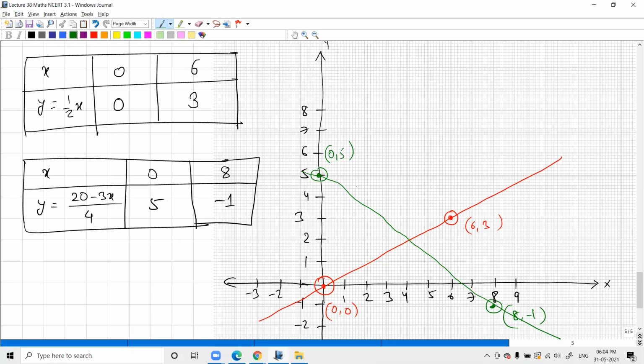So this green line, what is the equation of the green line? x plus 4y is equal to 20. And the red one? y is equal to half of x, which you can also write as x minus 2y is equal to 0.